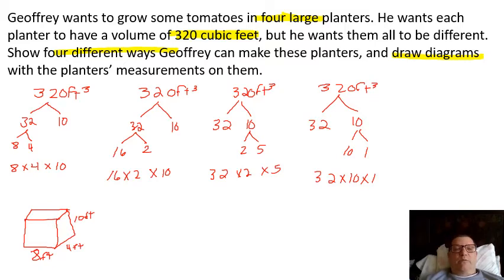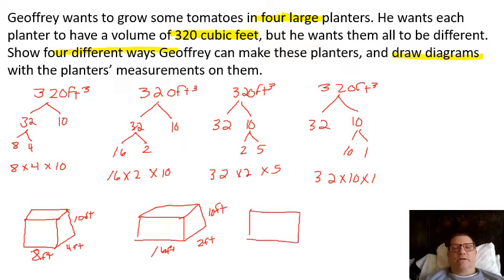Now for my second one, I'm just going to draw another one. And this one, I'm going to go 16 feet by 2 feet by 10 feet. My next one, I'm just labeling the sides.